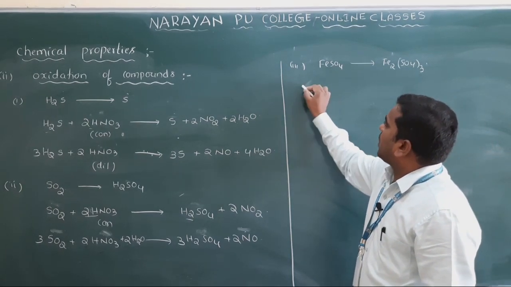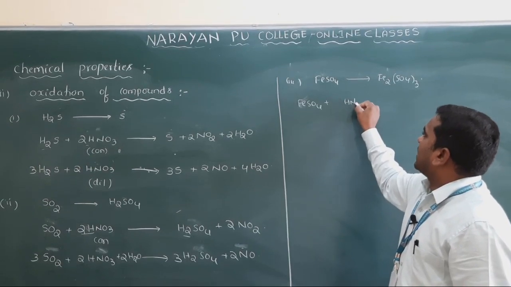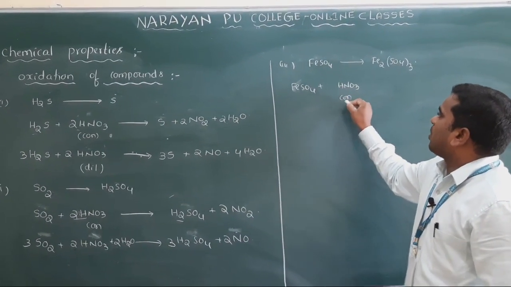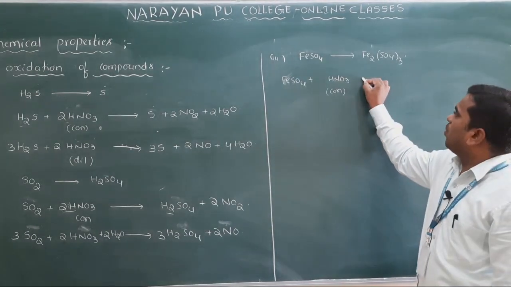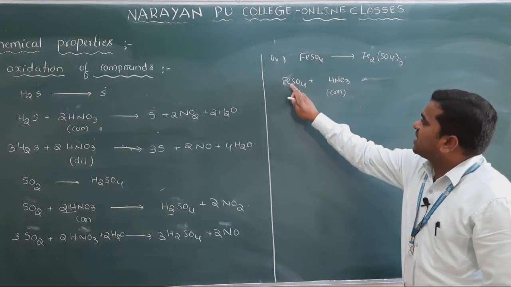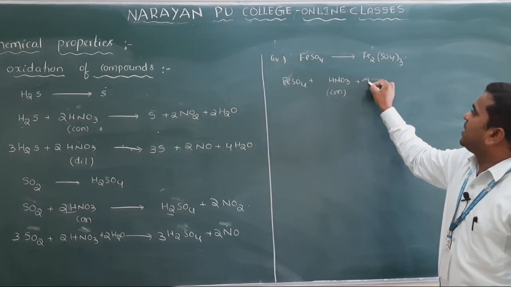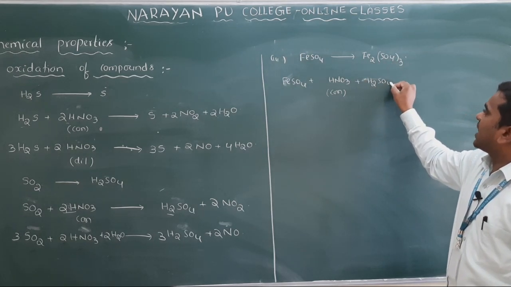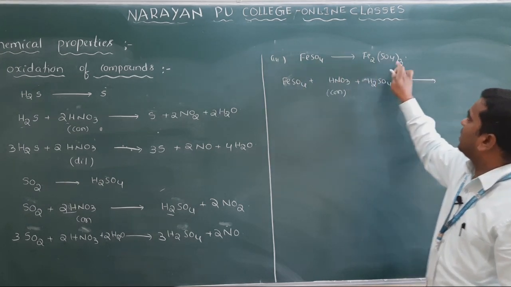Clear? So first of all, what is it here? FeSO4 plus HNO3. HNO3 means what can I write here? Concentrate HNO3, can I take or not? Yes, you can take the concentrate HNO3. And now always FeSO4 should convert into Fe2(SO4)3, so the medium you have to take is always sulfuric acid. Why? Because here SO4s are there, here 1, here 3.